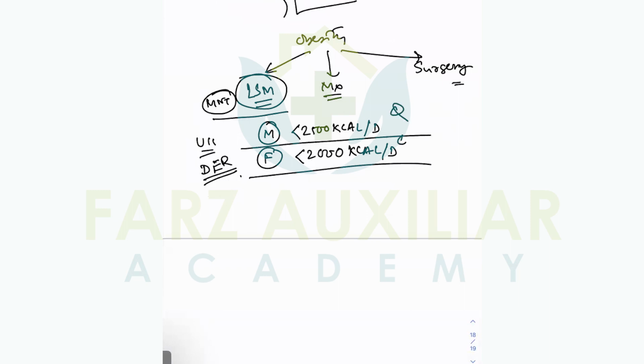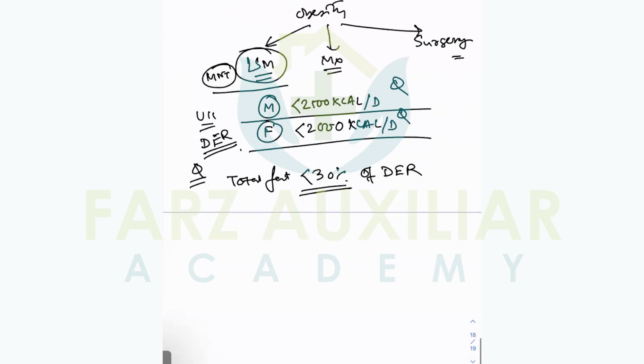Please do remember, all these are for questions. Total fat should be less than 30% of daily energy requirement. Again, important. Then, always remember, saturated fat is actually discouraged, and they say it should be less than 10%. And the rest of the fat should be substituted by MUFA and PUFA.